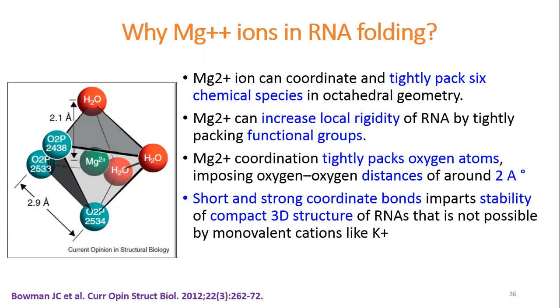So Mg dipositive ion results in short and strong coordinate bonds, which imparts stability to the compact 3D structure. This is not the character of the K plus ion. Therefore, Mg dipositive ion is essentially required for obtaining the tertiary structure in RNA folding.